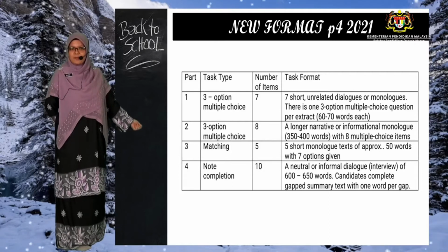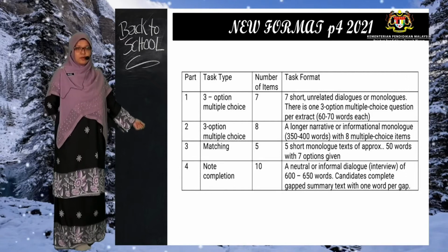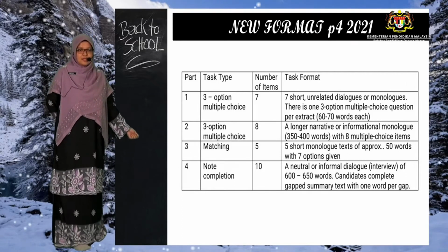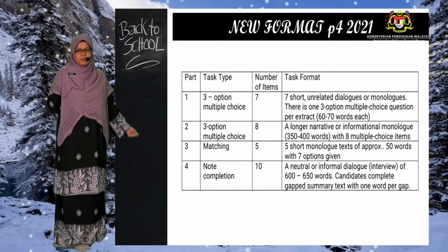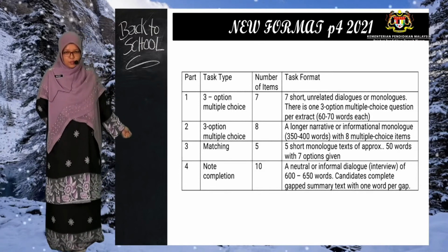Part 3 is matching, 5 short monologues. And part 4 is a neutral or informal dialogue or interview, consisting of 600 to 650 words.